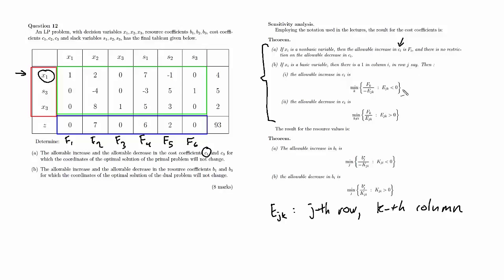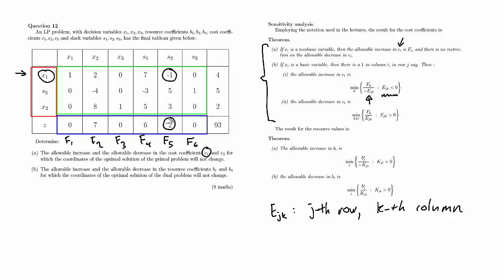For the increase, we only pay attention to the numbers in this row which are negative. And then we calculate this corresponding fraction. There's only one negative number in this row, which I've circled here, and that's the value of E. The corresponding value of F is the value down here that appears directly below it.